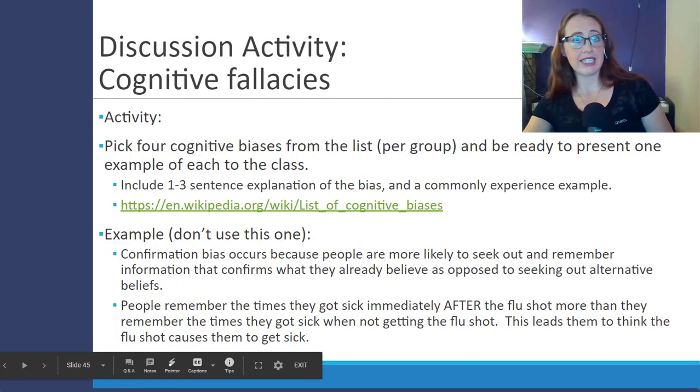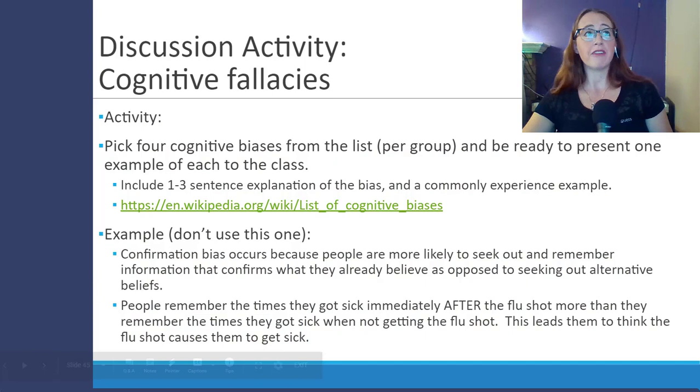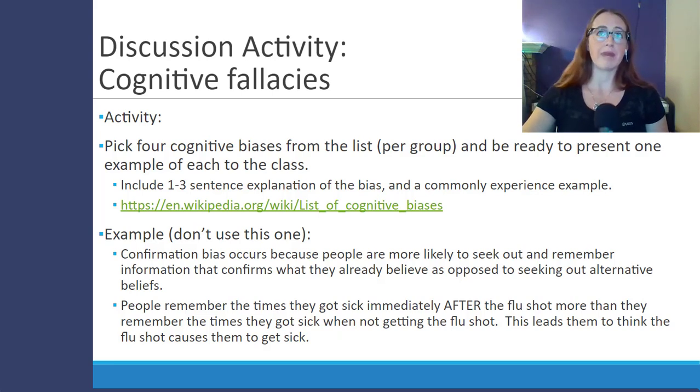For your group activity this time, I want you to go through and pick 4 cognitive biases from your list. And then discuss them, come up with examples to the point where you could present them in class if we were going to do that. We're not going to, just because of the setup of the course, but that's kind of the idea behind the activity. I have a couple of examples here that you can read through and see what we're looking for.